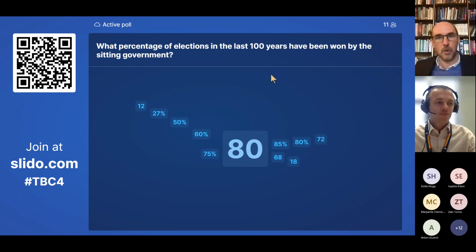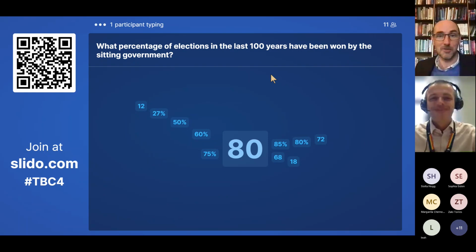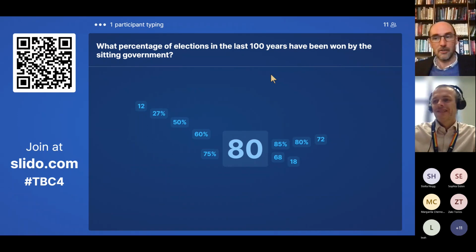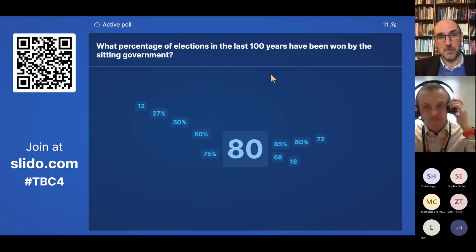And some of you might have been swayed by the clue that the title of the whole talk was that governments usually win. Actually, whilst you might say they usually win, on average, they've won 54% of the time. And that is only just above 50% of the time.